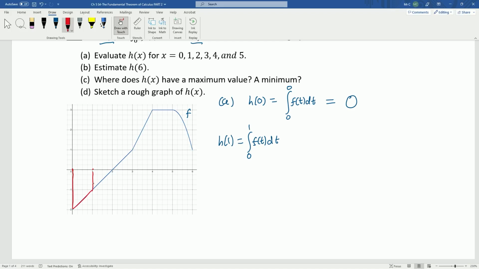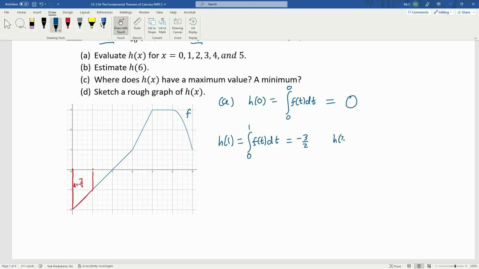You've got a 1 by 1 square here, and you've got a half of a 1 by 1 square, that triangle there. So that's 1 1/2 or 3 halves. But of course, that's the area. The value of the integral is actually the negative of that because this function is below the x-axis here. So here we get negative 3 halves.